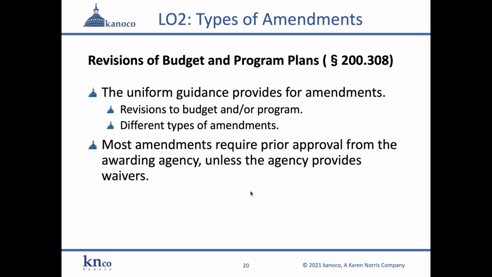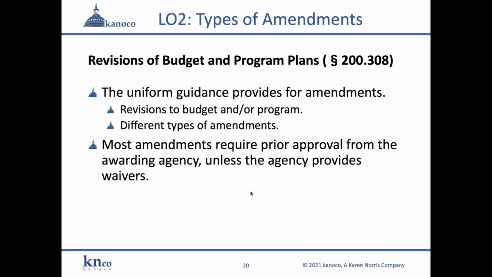Amendments are listed in the uniform guidance under a provision called revisions of budget and program plans. That's found in the post-award section of the uniform guidance at 200.308. That's a fairly large provision, and it talks about non-construction awards, our program or research awards. They talk about construction and the different types of amendments.